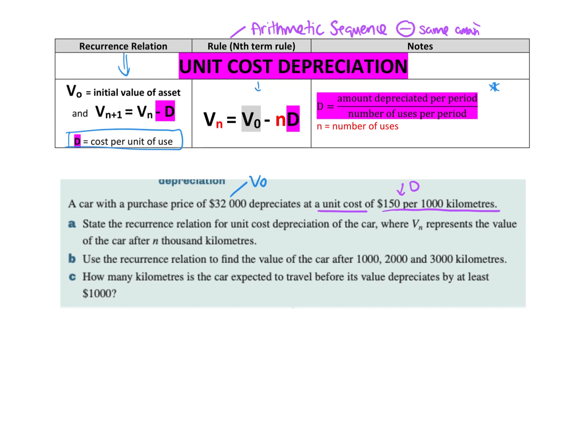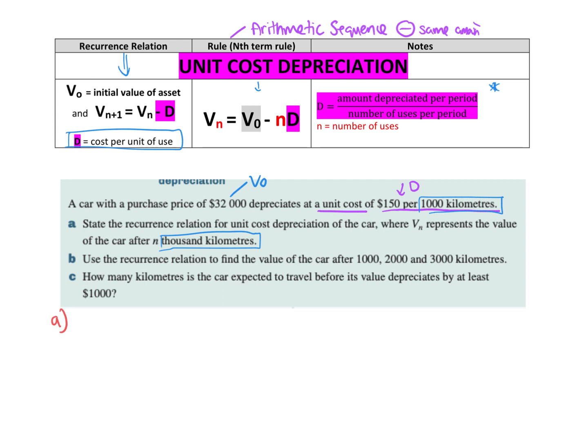So the first one says, state the recurrence relation for the unit cost depreciation of the car, where Vn represents the value of the car after n thousand kilometres. Because instead of saying every kilometre, they're just rounding it to every 1,000 kilometres. But it's okay because they want the rule to be every 1,000 kilometres too.